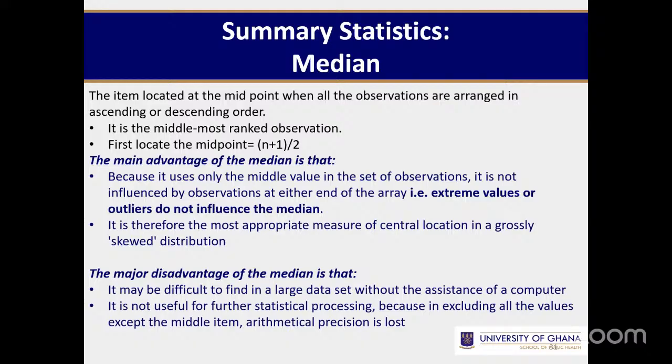However, we don't usually use it for further statistical processing. But sometimes you can use it in the non-parametric world. But most times we don't usually use it for further statistical processing.